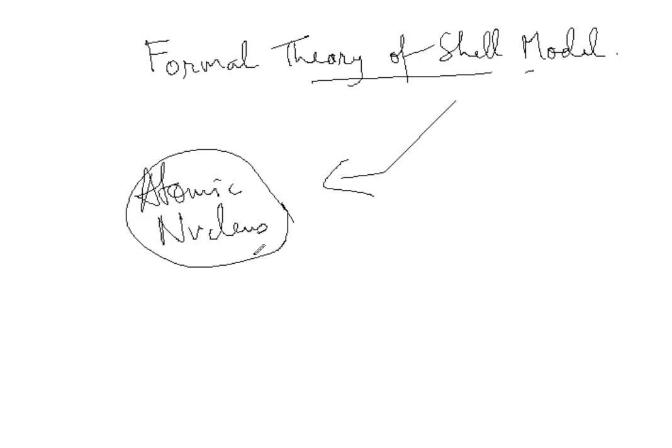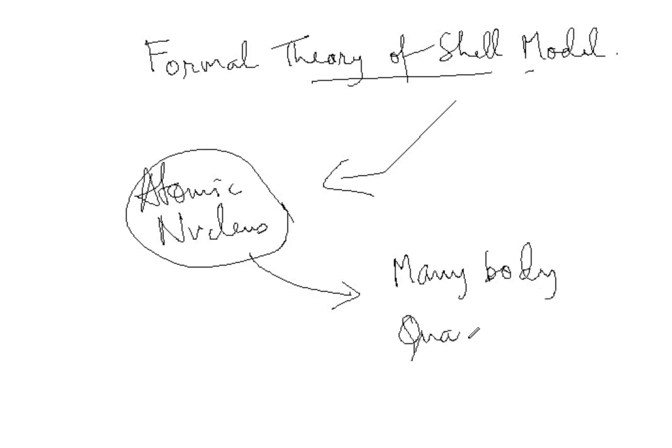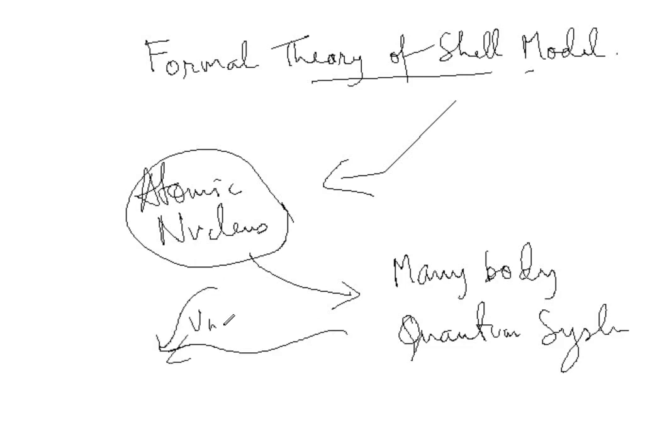Now what is this nucleus? Well, as you know, this is basically a many-body quantum system, this atomic nucleus, having protons and neutrons, right? Now, in this regard, there are many body quantum systems. Out of them, this atomic nucleus is particularly unique. You know why?